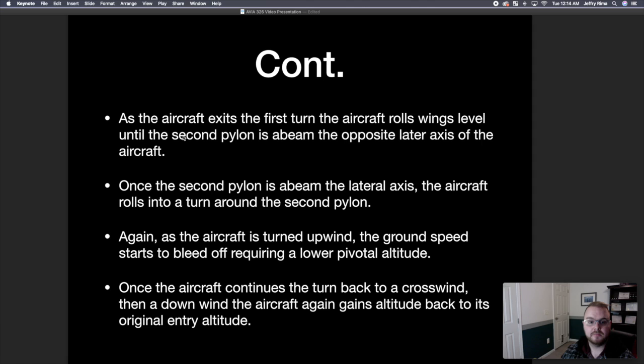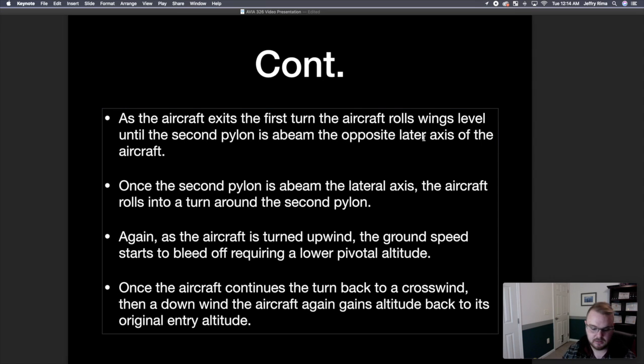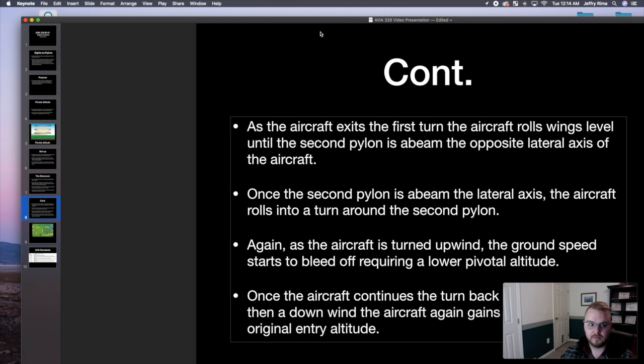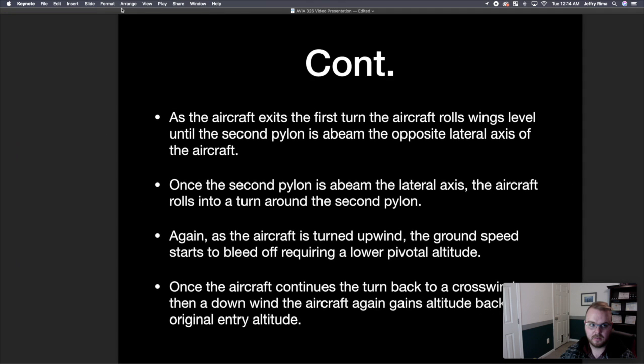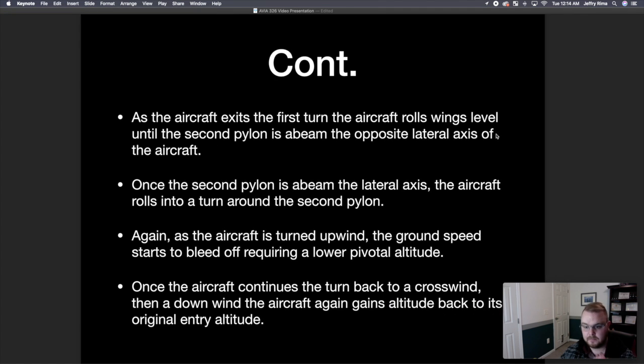As the aircraft exits the first turn, the aircraft is going to roll wing level until the second pylon is abeam the opposite lateral axis. Once the second pylon is abeam the lateral axis, the aircraft is going to again roll into a turn, this time to the right, around the second pylon.